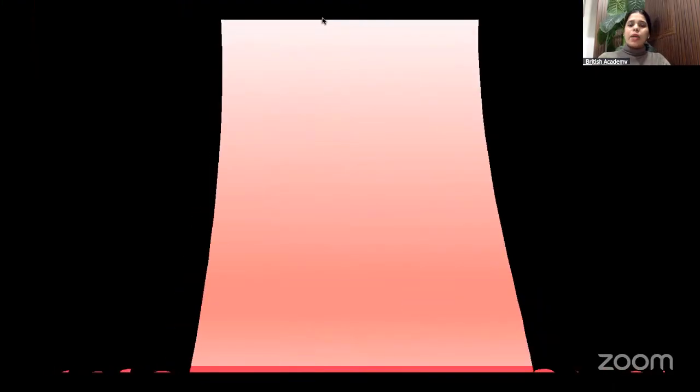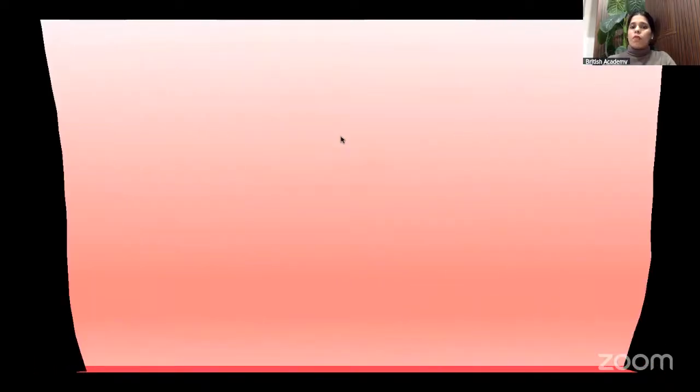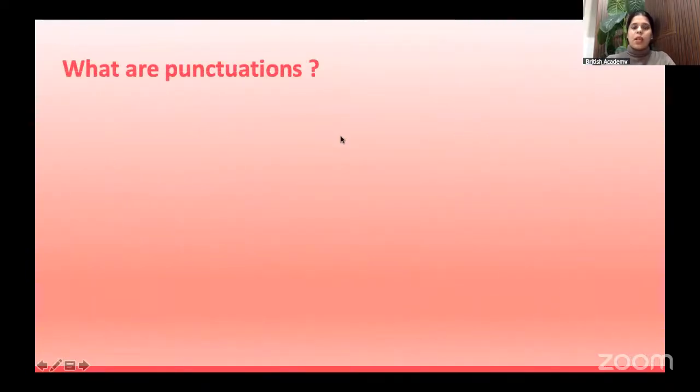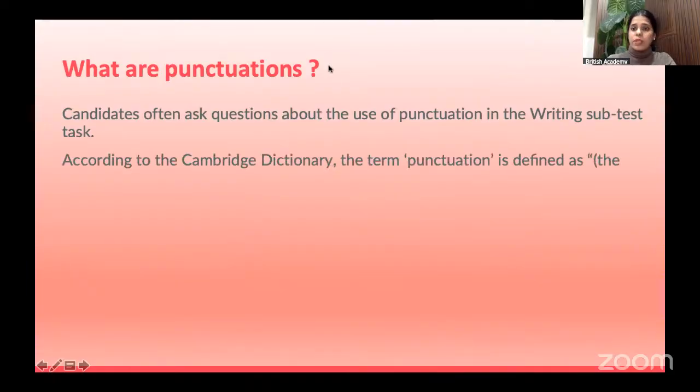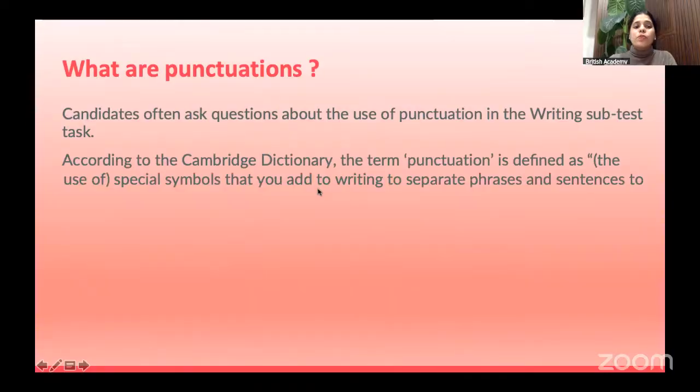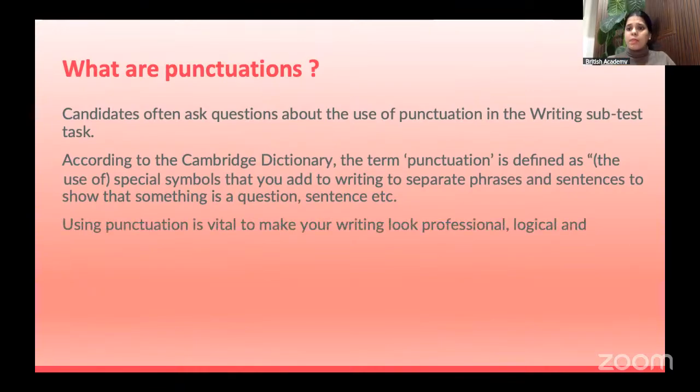So today we are going to take up the topic of punctuation marks. So what are punctuations? Multiple times I've seen candidates asking me about the use of punctuation in the writing task. Punctuation is the use of special symbols that you add so that you are able to tell, okay, this sentence is a question, this is an exclamatory sentence, or there are two different elements over here.